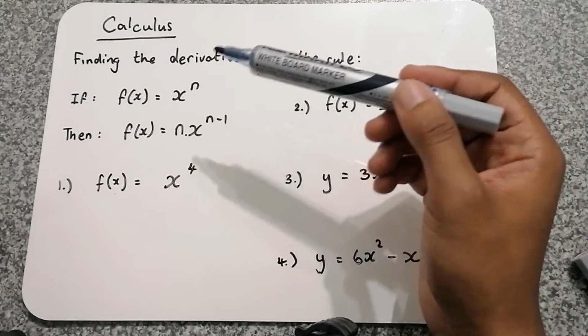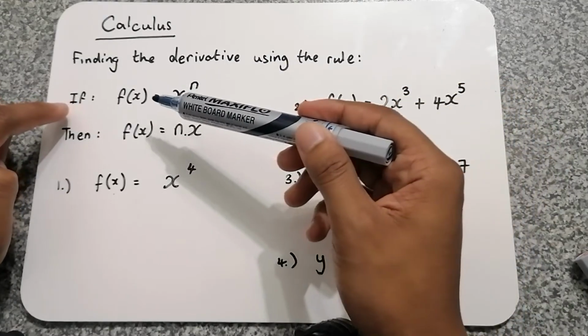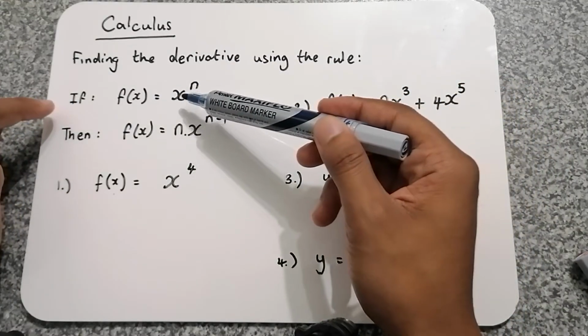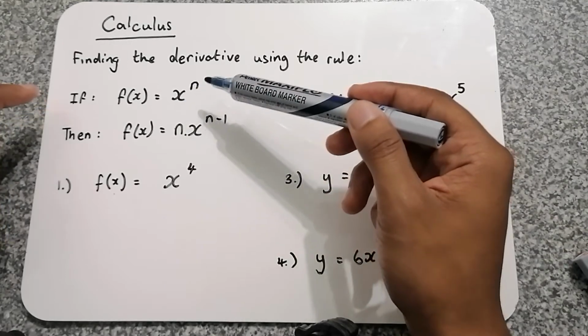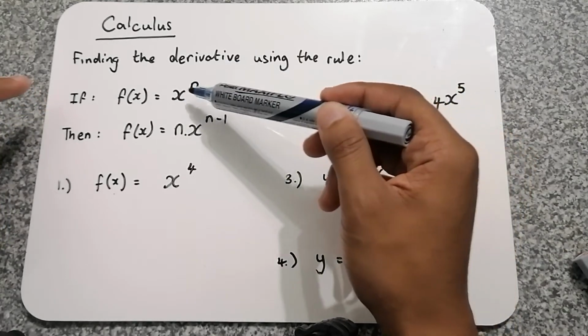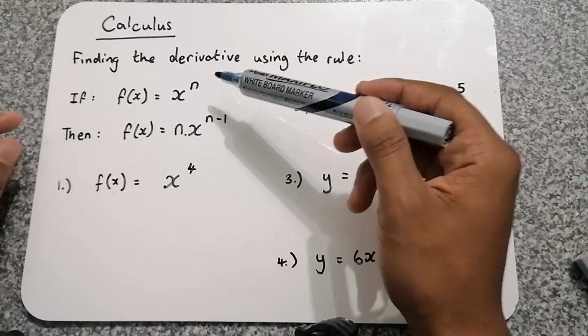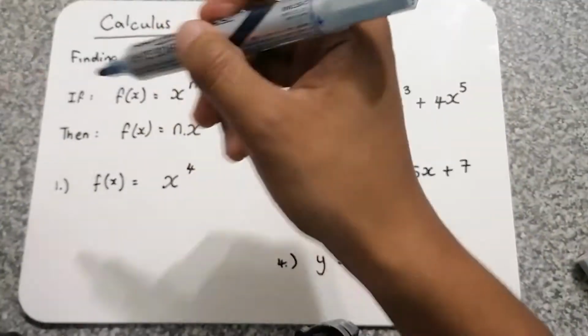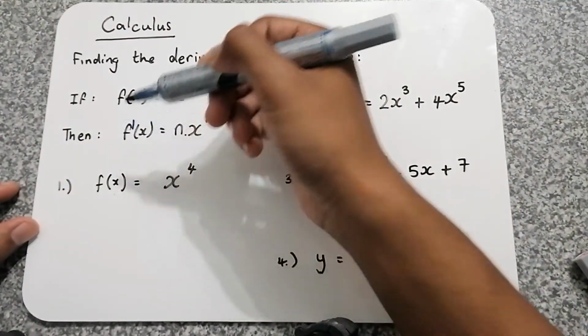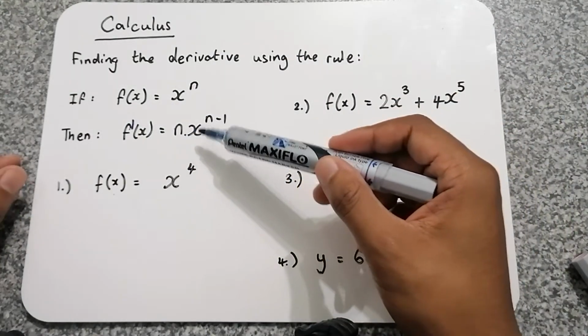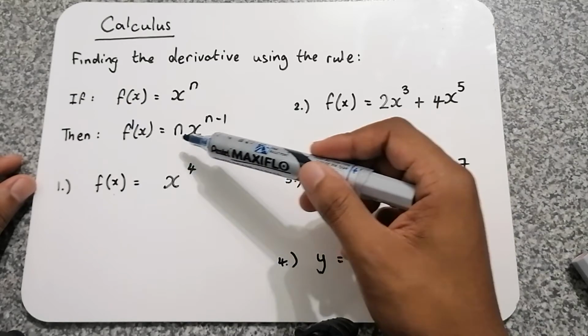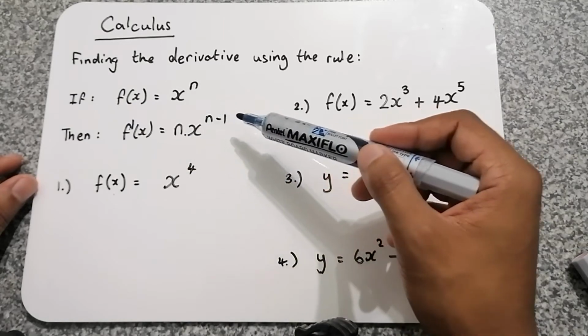Okay. Now, the rule says that if you have a function f(x) equal to x to the power of n, n being any exponent, then the derivative, f'(x) (I failed to write the line there), will be equal to n multiplied by x to the power of n minus 1.